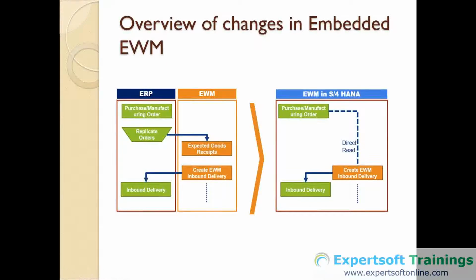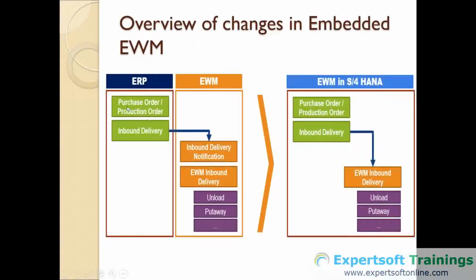Coming to your question, Naga, what was your question? When you are saying removing of duplication, we create an SO and create an OBD in a normal S4HANA system. Still, we will distribute the delivery to EWM, and there will still be another delivery number created in EWM. Exactly.